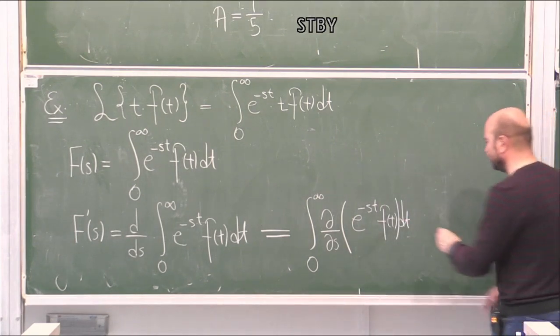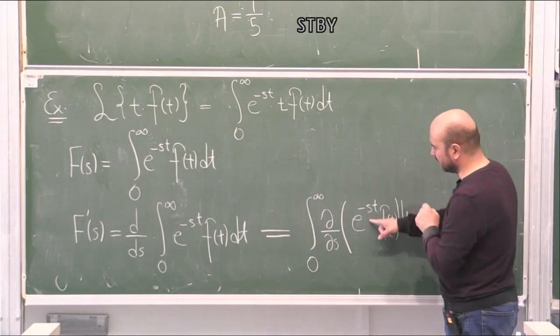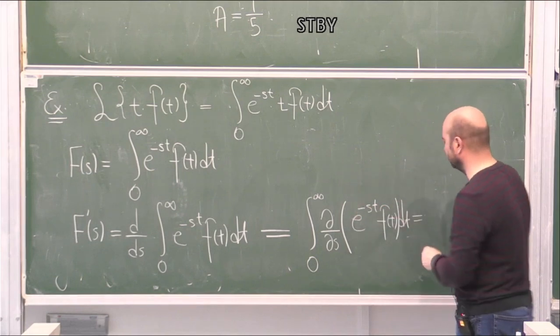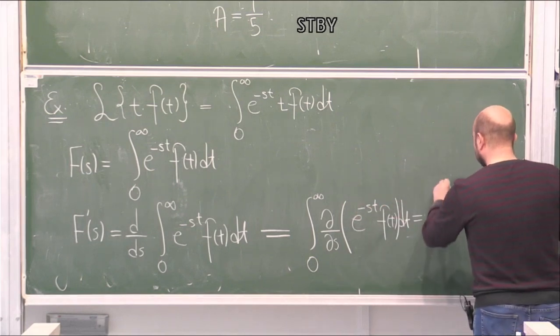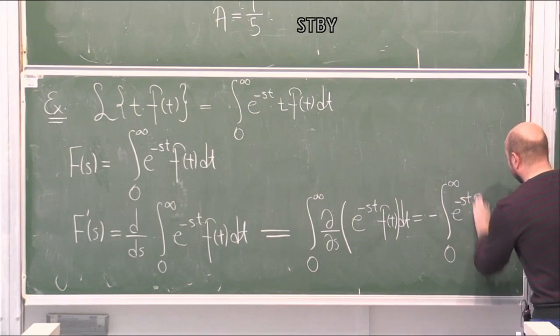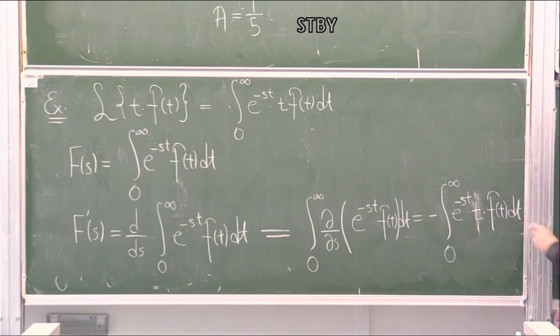So if you take the derivative with respect to s, be careful, t is like my coefficient here, so minus t will come. So then what do I get? From 0 to infinity, e to the minus st times t times f of t dt.